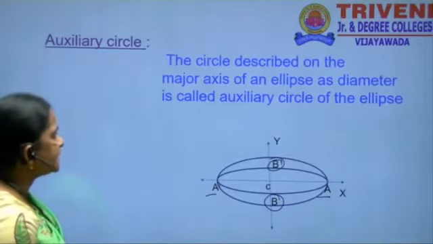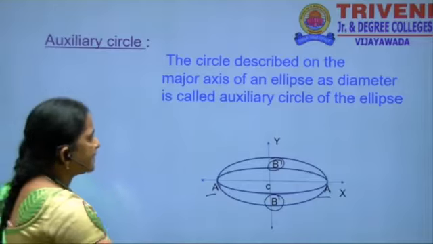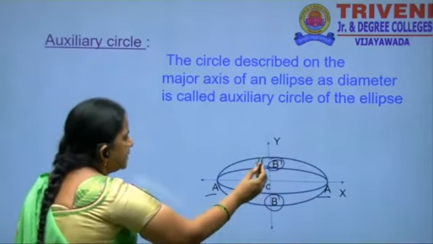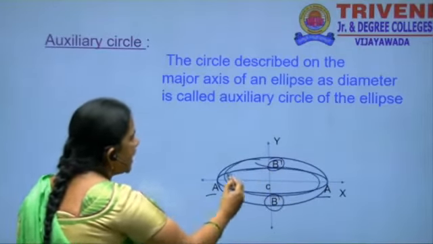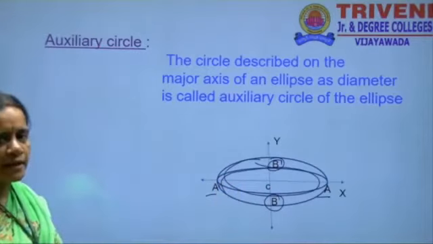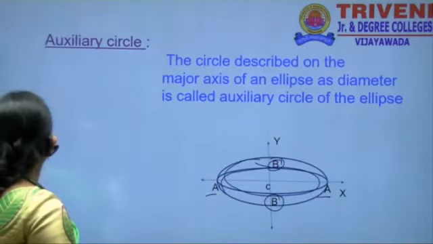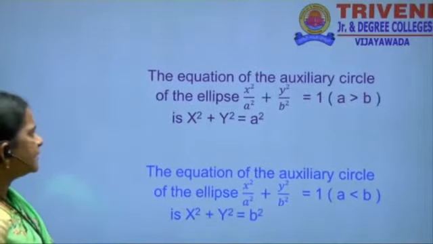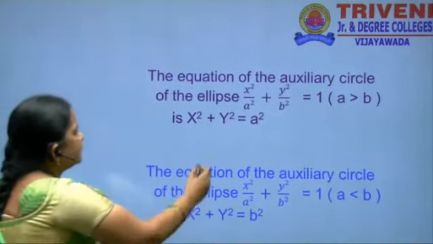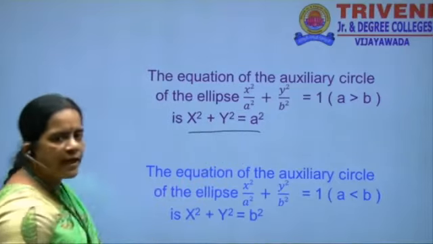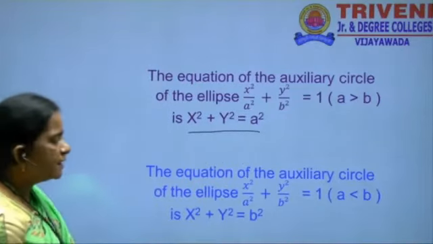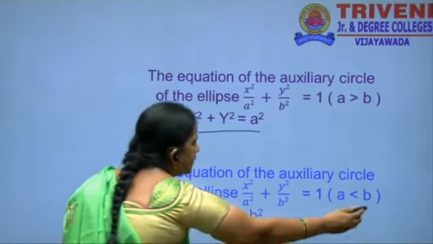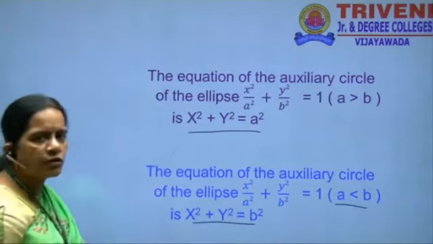The circle described on the major axis as a diameter is called an auxiliary circle. The auxiliary circle is of two types. That is x square plus y square is equal to a square when a is greater than b. When a is less than b, x square plus y square is equal to b square.